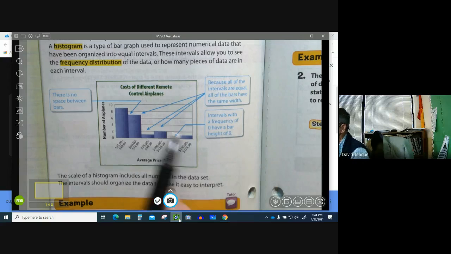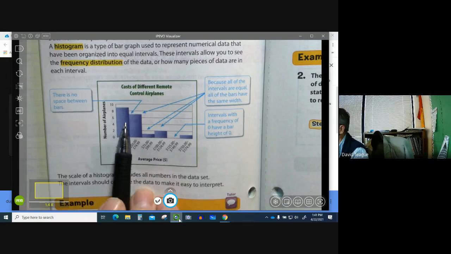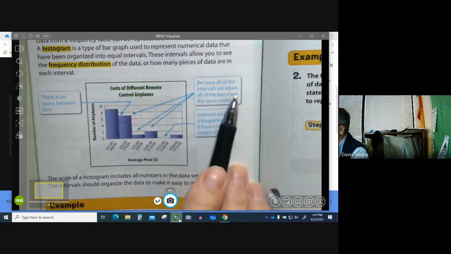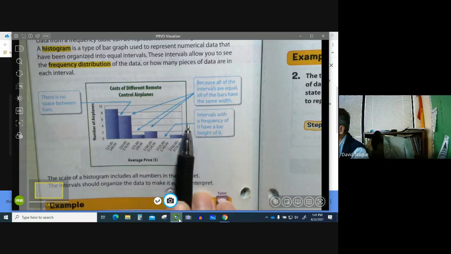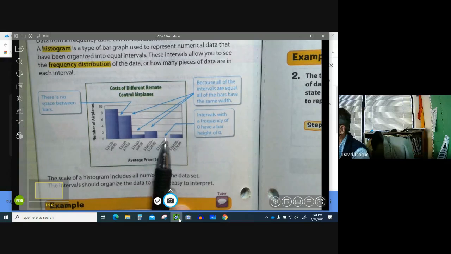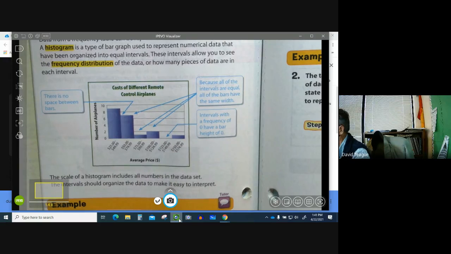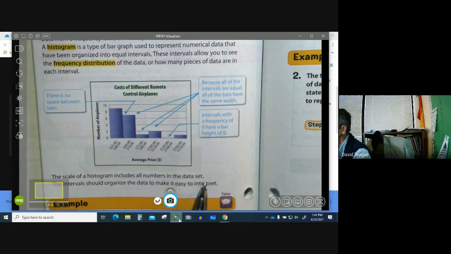There's no space between these bars because all the intervals are equal. All the bars have the same width. And the intervals of the frequency of 0 have a bar height of 0. So if we have no data to represent that, it's just blank. The scale of a histogram includes all numbers in the data set.